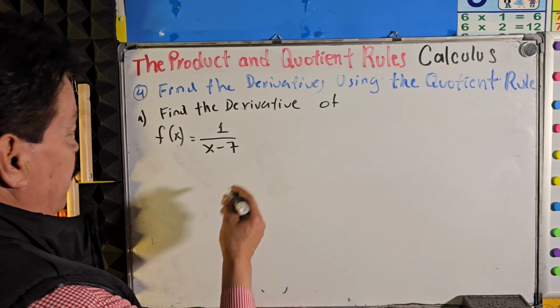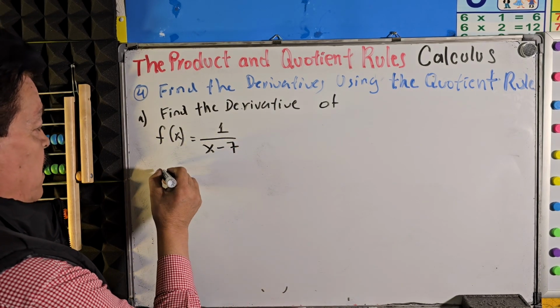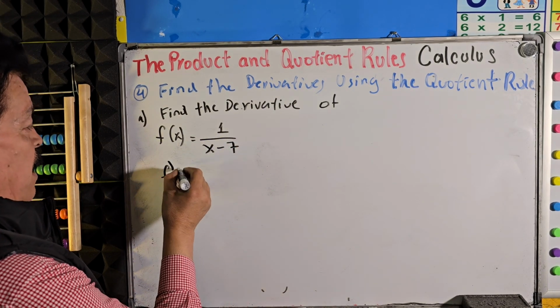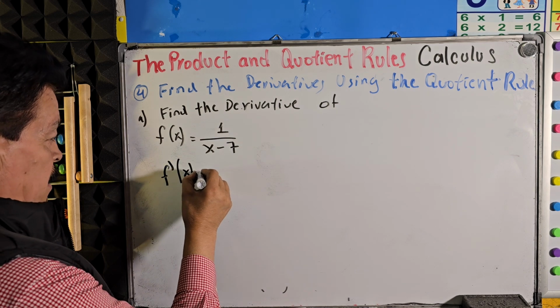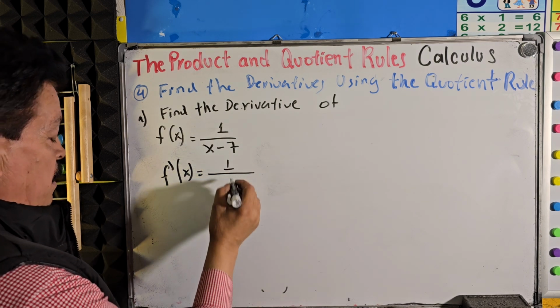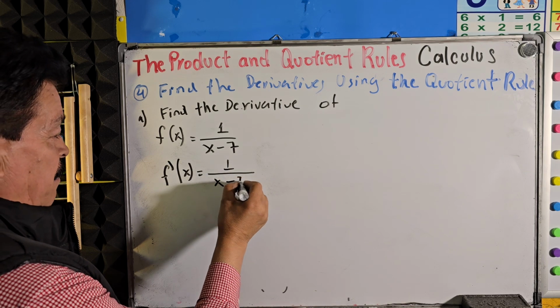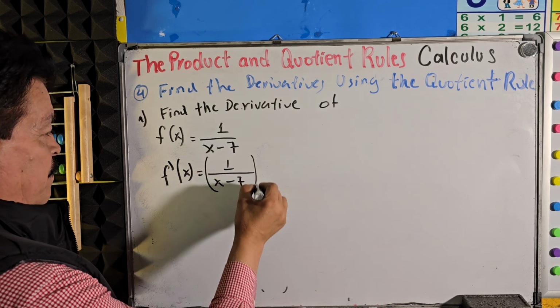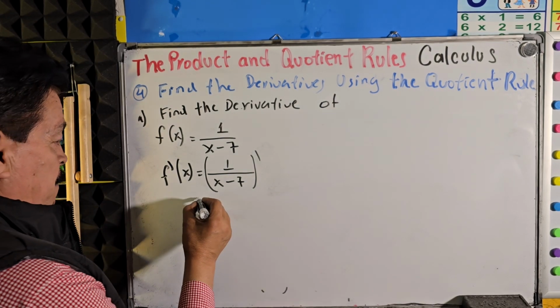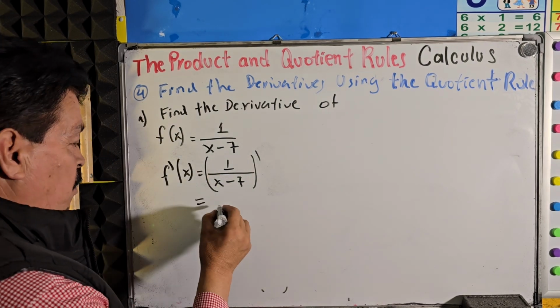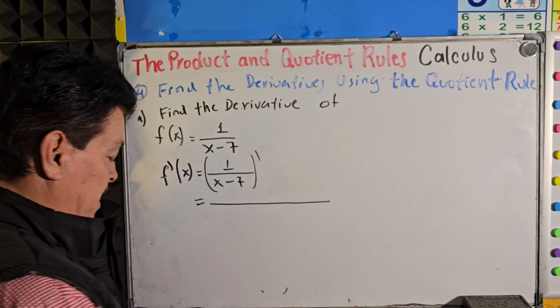Okay, we have a question here. So next step will be f prime of x equals the derivative of 1 divided by x minus 7. This is our prime, or the derivative, right? How do we develop this problem? Okay, look at this, very important.